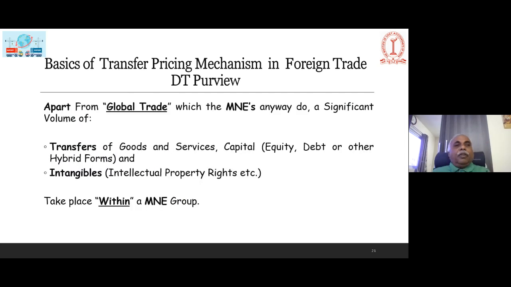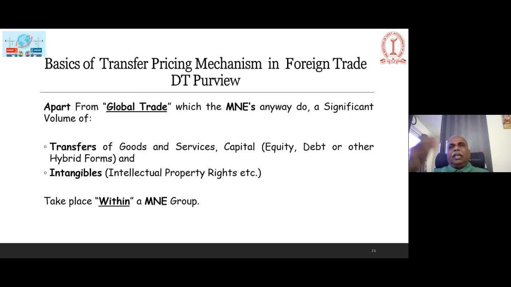And apart from global trade, multinational entities do a significant volume of transfer of goods or services, not only goods and services but also capital, debt, equity, hybrid forms. So many things are there: ADRs, GDRs, global depositories, American depositories, external commercial borrowings.